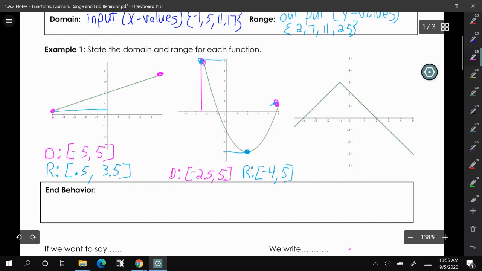And then the last one, x value here, -5, value here, +5 with brackets.